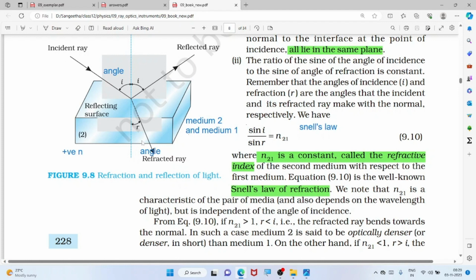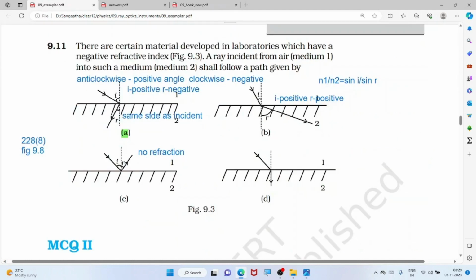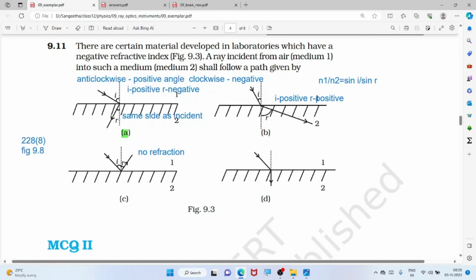But here with the negative refractive index, you see the refracted ray is on this same side.